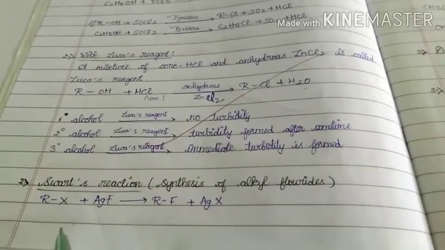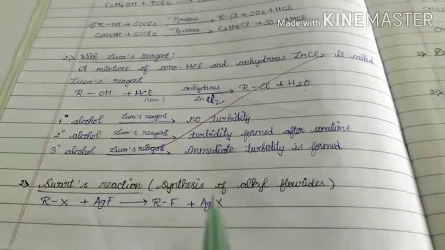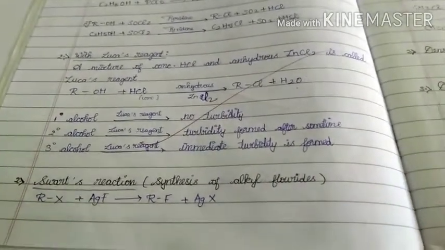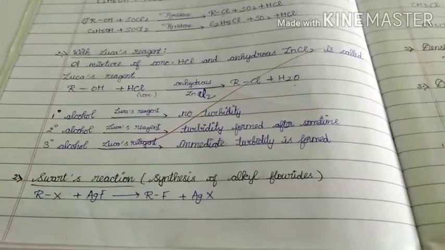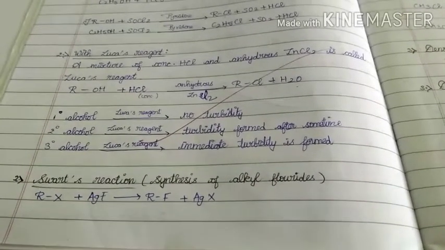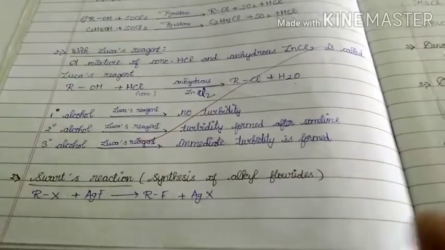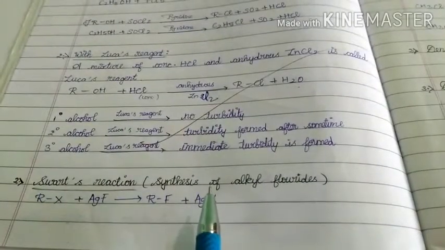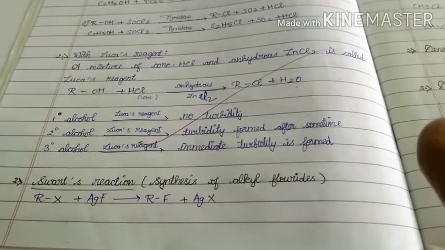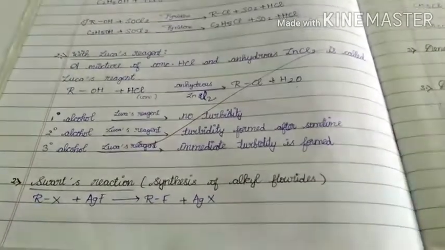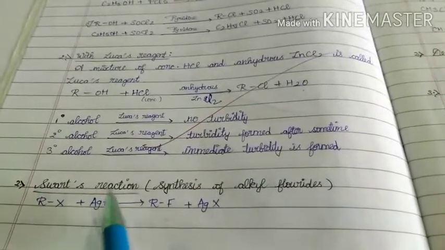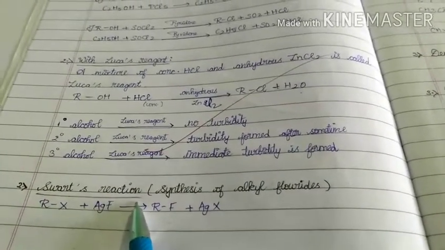From here named reactions will come. Nearly 23 to 24 named reactions you will have throughout organic chemistry. You have to remember all those equations, because sometimes in exams they will specifically ask named reactions. So what is the purpose of the Swarts reaction?